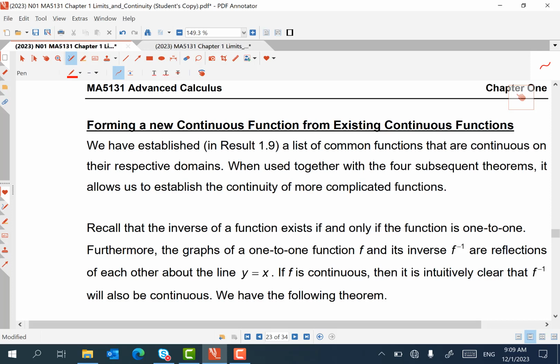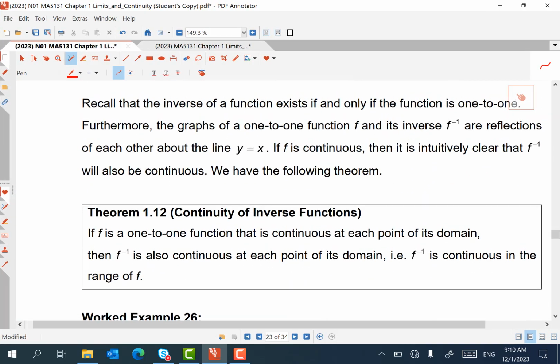Many times, if a function is continuous, you want to ask, for a function that resulted from a continuous function, do you think it will always be continuous? For example, you are interested to know if this is true.